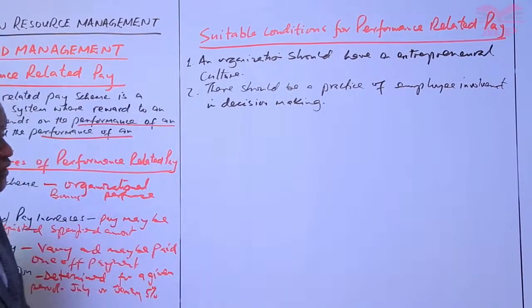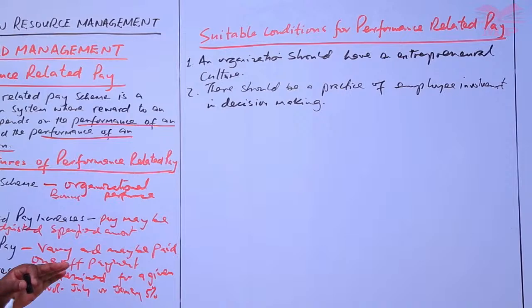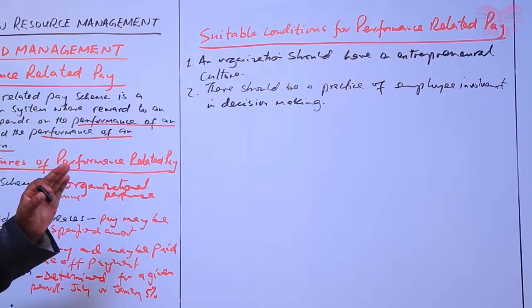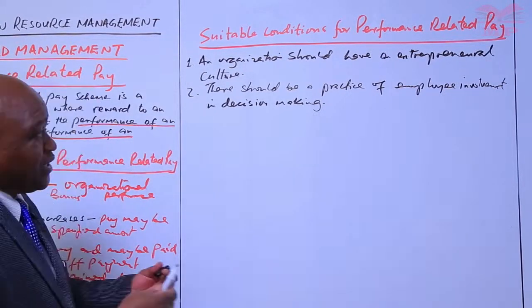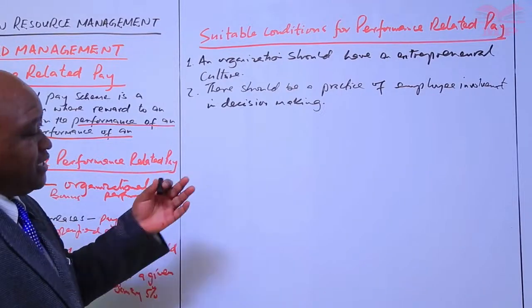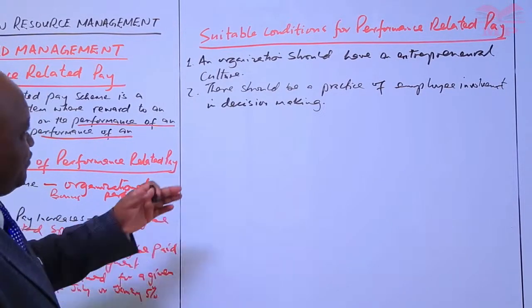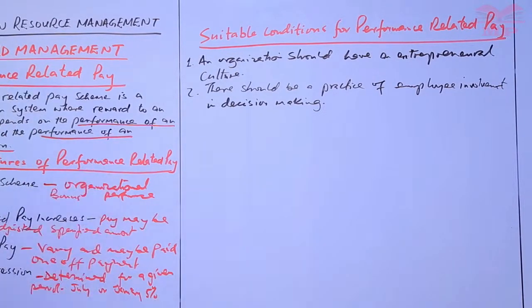For you to have a successful performance-related pay system, workers in that organization should have gone through a practice of being involved in the decision-making process, so that they can participate fully in bringing in performance-related pay in terms of agreeing on objectives.